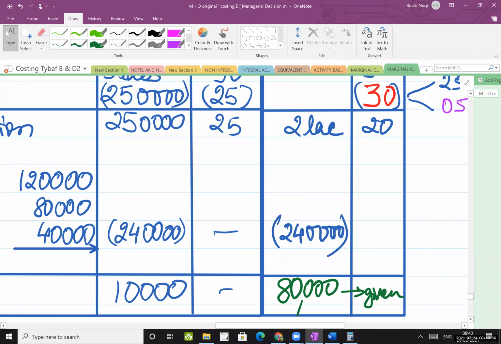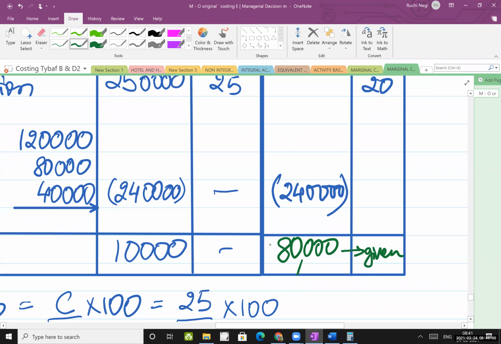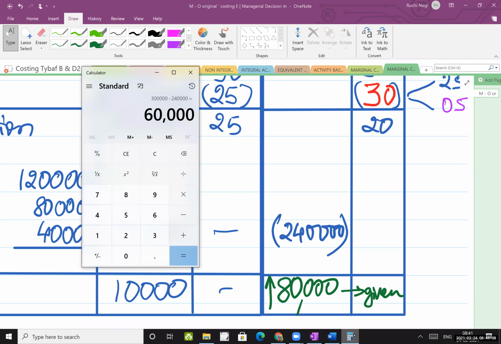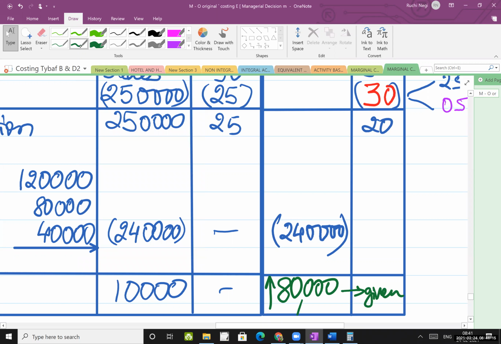So this is a nice question. Go reverse, यहाँ से रिवर्स जाओ. So this will become plus, right? 2,40,000 plus 80 कितना हो जाएगा? 3,20,000.